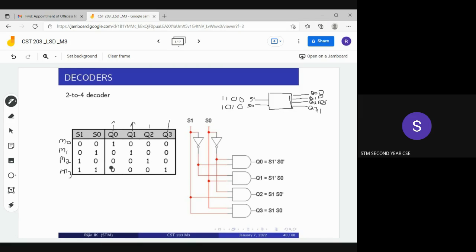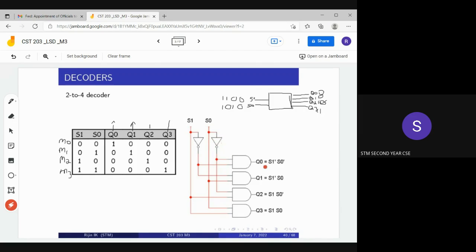Then this is the logic circuit based on this truth table. Here we can see that it has 2 inputs, S1 and S0. For representing 0, we can use a NOT gate.